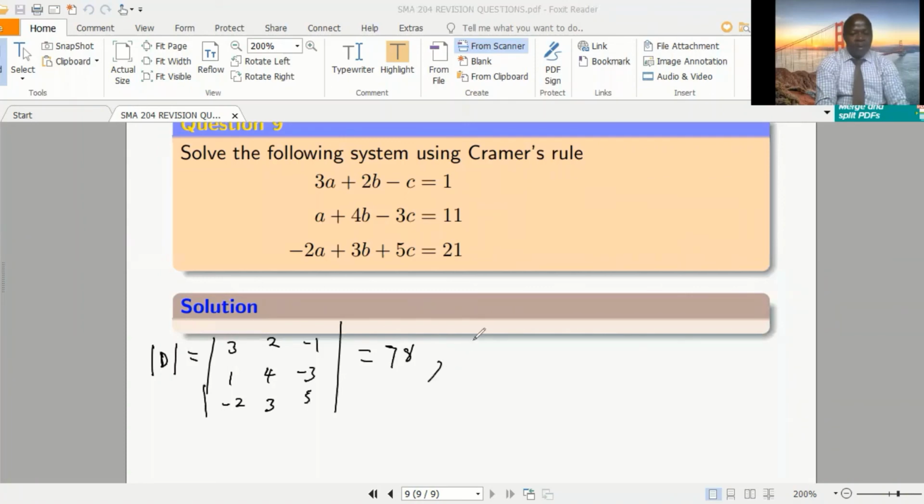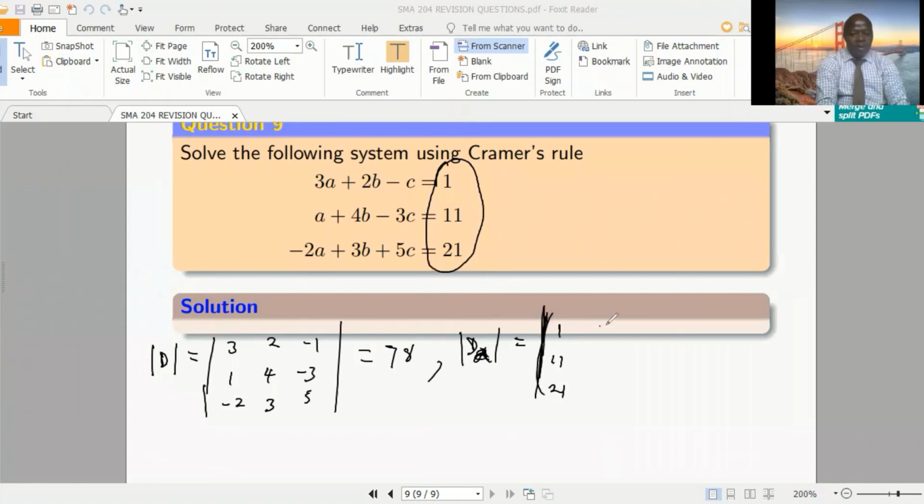Next, let's find the determinant of dA. We replace the column of A with 1, 11, 21, and these other columns remain the way they are.